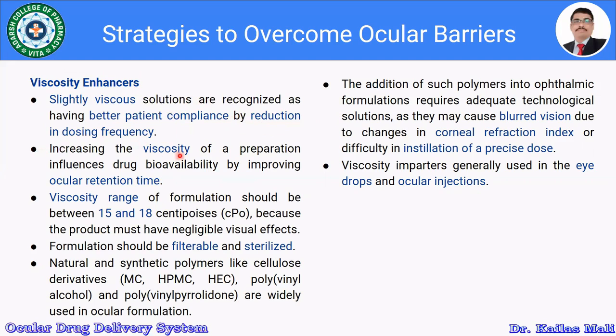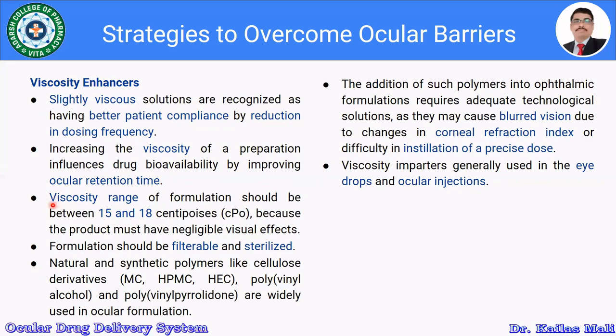Increasing the viscosity of the preparation also increases the bioavailability of the drug, as retention in the ocular cavity is enhanced. A viscosity range up to 15 to 18 centipoise is widely used to prepare ophthalmic preparations, because it has negligible visual effects.